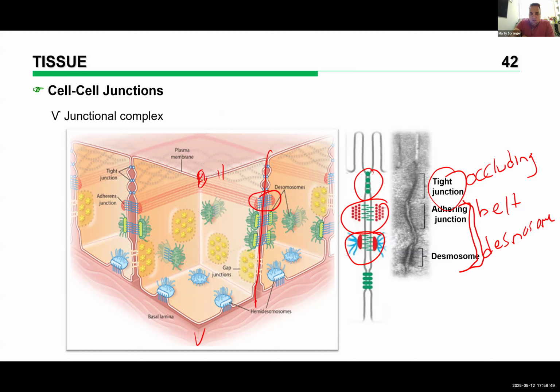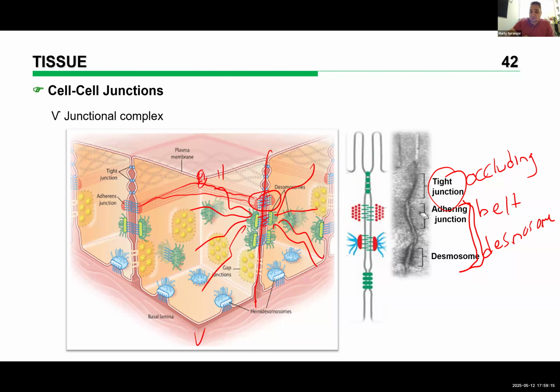So the belt junction has integral membrane proteins touching integral membrane proteins, and they're connected to actin filaments of your cytoskeleton. And then the desmosomes have integral membrane proteins connected to integral membrane proteins connected to intermediate filaments that course throughout your cells. They basically dissipate forces that would lead to cells being torn apart.